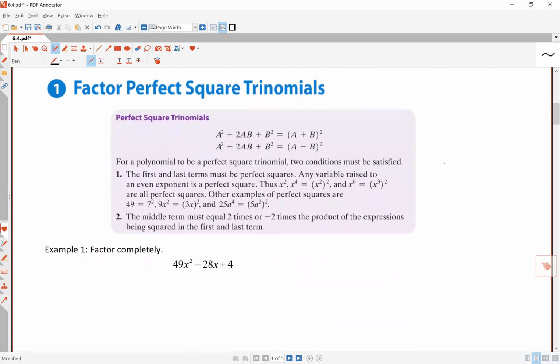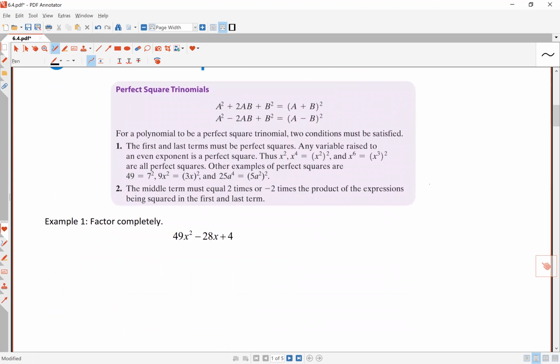So we're going to be looking for perfect square trinomials of that form. If we see that the first and the last terms are perfect squares, like 49x squared and 4, then it hints at this being a perfect square trinomial.